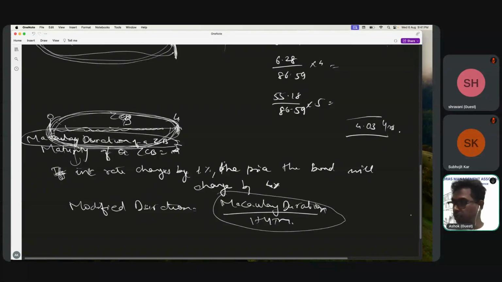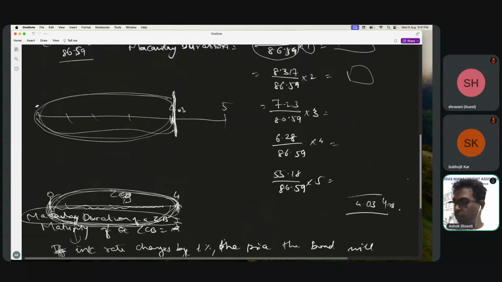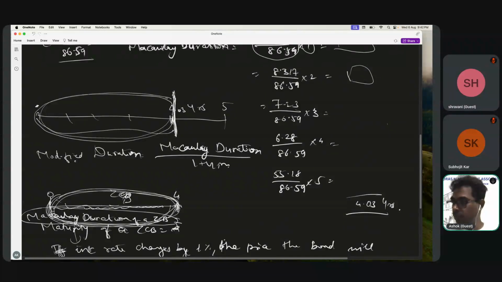So overall, it is impacting as per the maturity, 4 years, and we are taking the present value, which is modified duration. Same way here also, initially I suffixed with years. Now modified duration means what? Modified duration is Macaulay duration divided by 1 plus YTM.